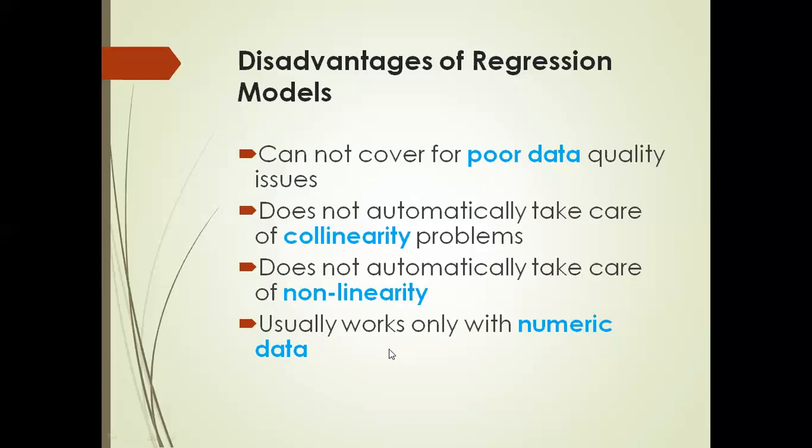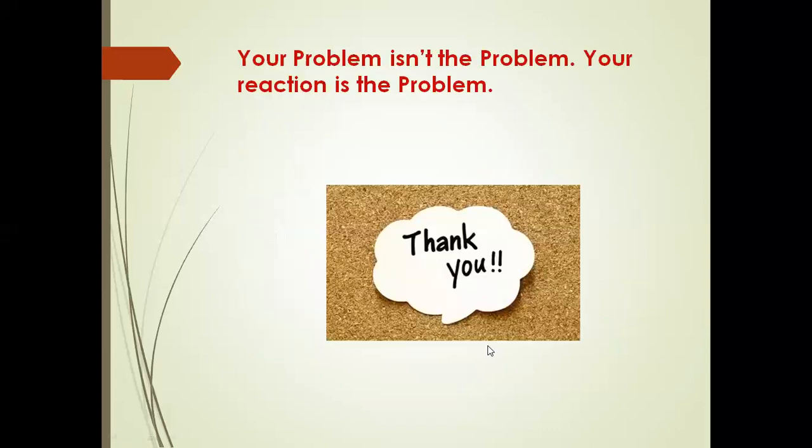The regression model works only with numeric data and not with categorical variables. We saw the previous example, the size of the house and price of the house. These are numeric data values. So these are the disadvantages of the regression model.